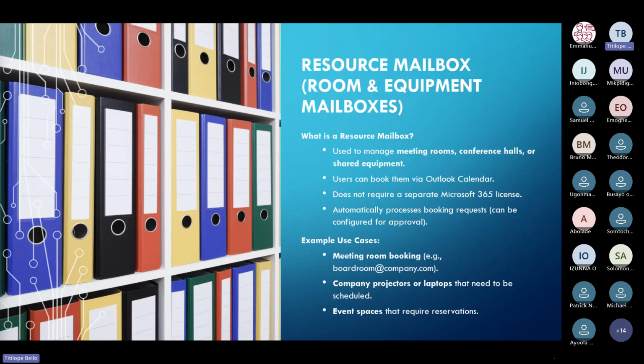So this is another use case for the room and equipment mailboxes, right? All the user has to do is go into their Outlook and try to book a calendar. When you try to book a calendar, you call out the room or the equipment mailbox, and you can see the free time and the non-free or conflicting time of that particular resource mailbox, right?